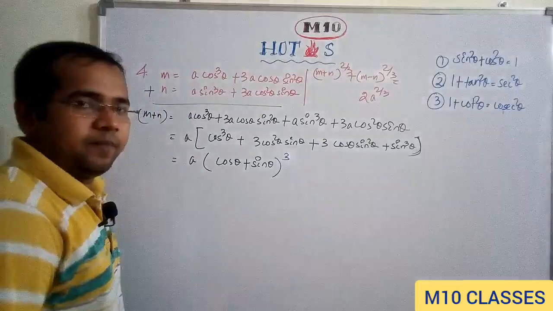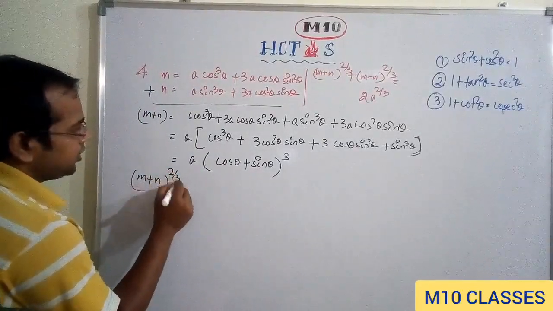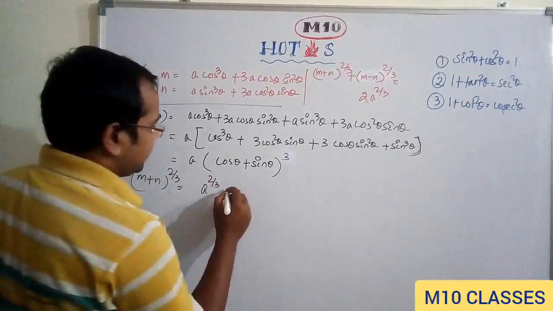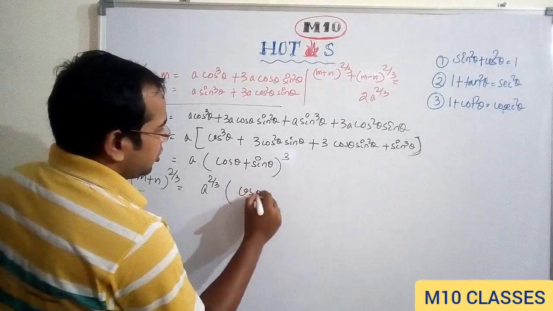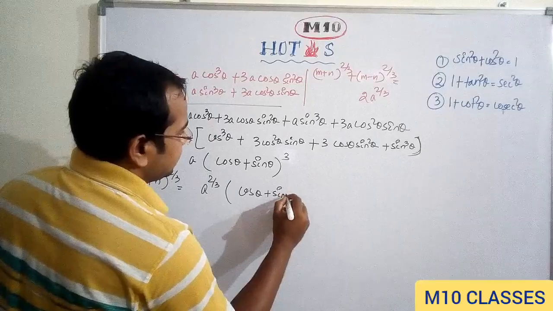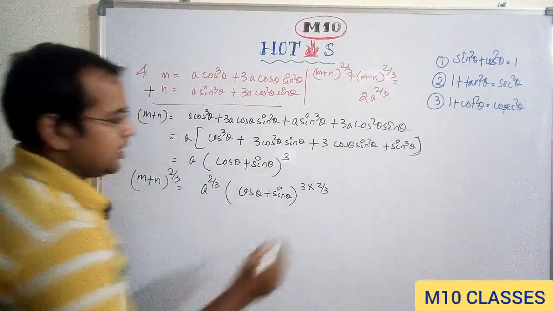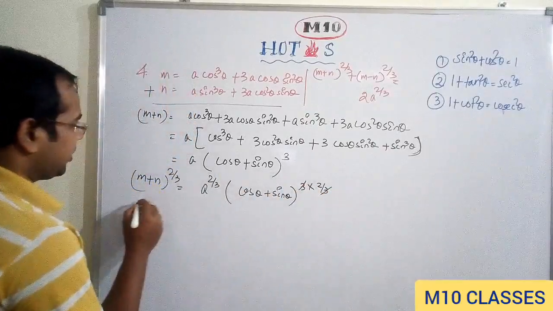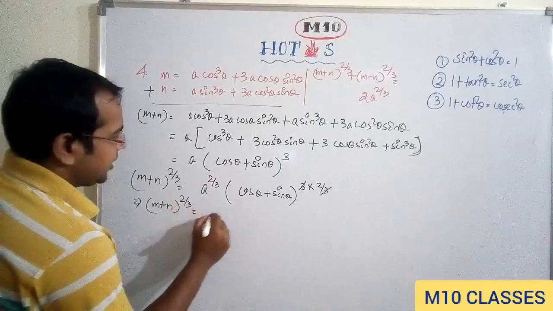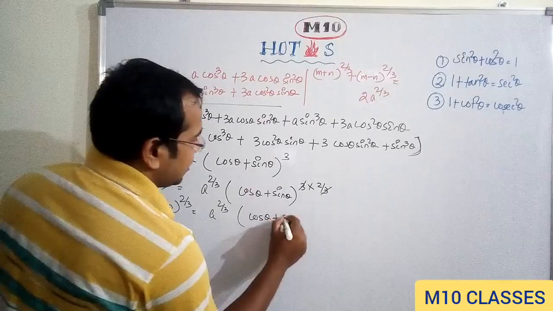But I need to get (m plus n) to the power 2 by 3. So what is (m plus n) to the power 2 by 3? You'll get here a to the power 2 by 3 whole into (cos theta plus sin theta) to the power 3 into 2 by 3. This 3 is cancelled out. What are we getting? (m plus n) to the power 2 by 3 is equal to a to the power 2 by 3 whole into (cos theta plus sin theta) whole square.